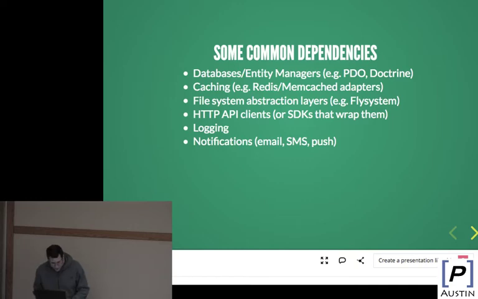So we have a few common dependency types here. One would be your data stores, databases, your caches like Redis or Memcached, your external APIs or maybe internal APIs if you have gone completely in the microservices direction.